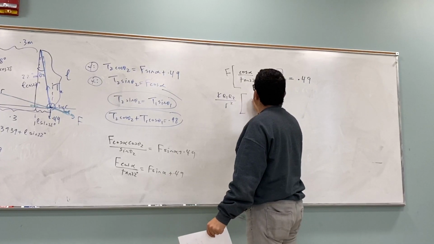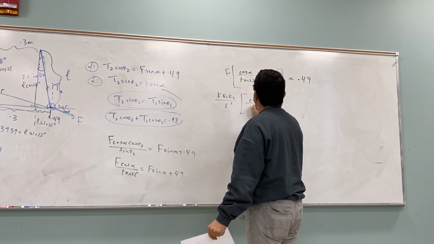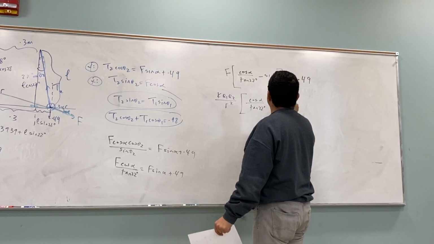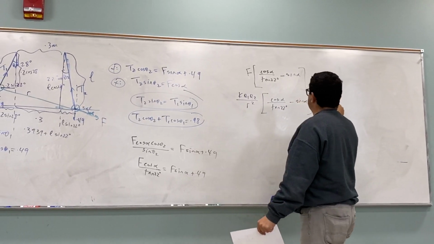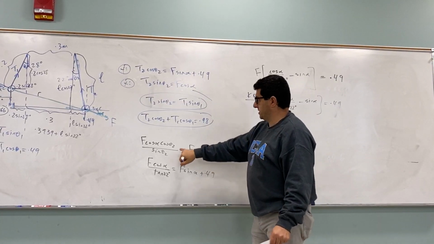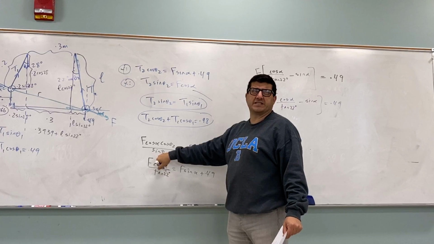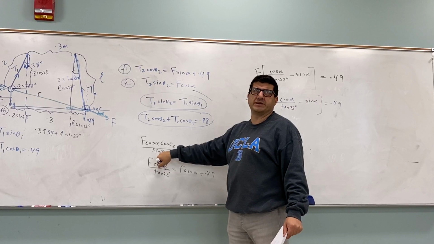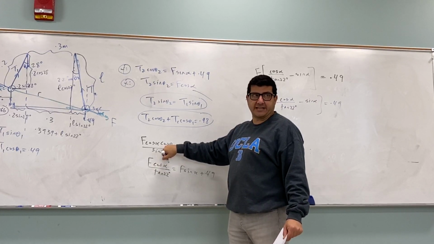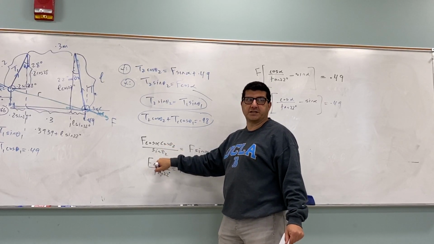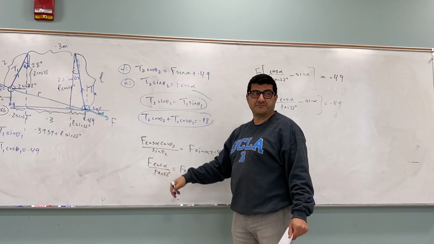Professor, how'd you get the tangent again? Yeah, so cosine over sine is cotangent, but the calculator doesn't have a cotangent button. So I'd rather have a tangent. So to get a tangent, you take the cosine and bring it under the sine in the denominator.